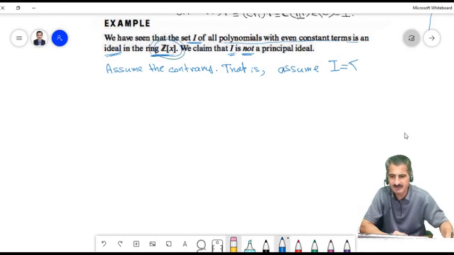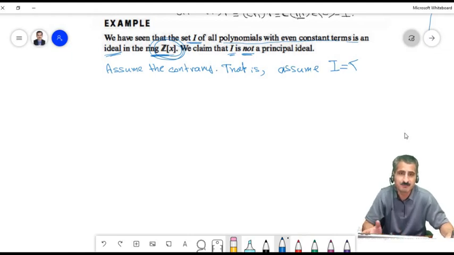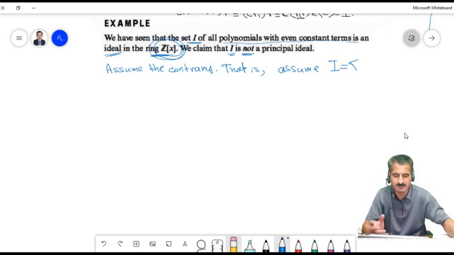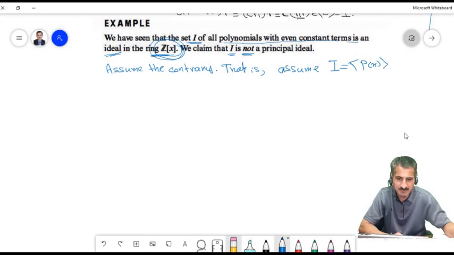This is the ring, right? It is Z[x], so the elements there are polynomials with integer coefficients. So we write I is generated by some p(x), a polynomial inside Z[x].